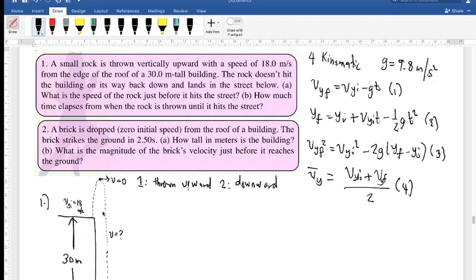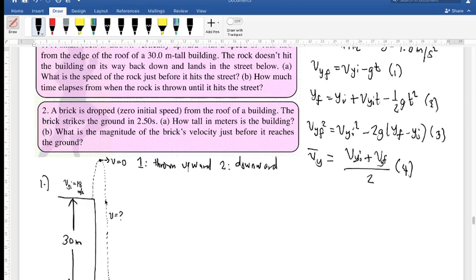So first, to find the speed, we have to find the height first. The maximum height is from the roof up to where the rock momentarily stops. You have to find that.